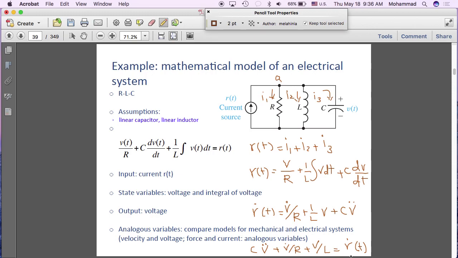Now look at this equation and compare it to the last equation that we had. It was m x double dot plus b x dot plus k x equals R(t), which in that case was a force.